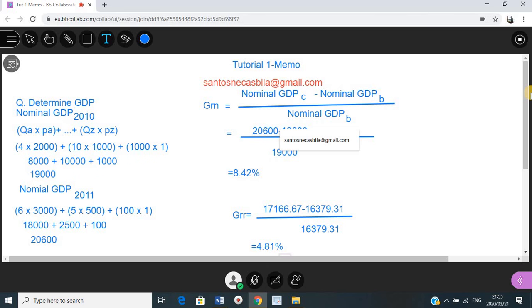It means that if the economy is growing, we expect the firms to be producing more and more. If they are producing more, they will demand more labor in order to increase their production. If they're demanding more labor, in other words, the unemployment rate is going to decrease.